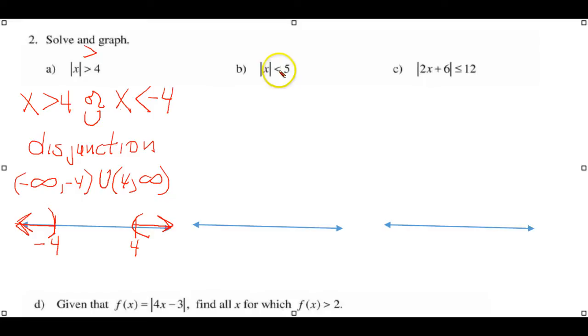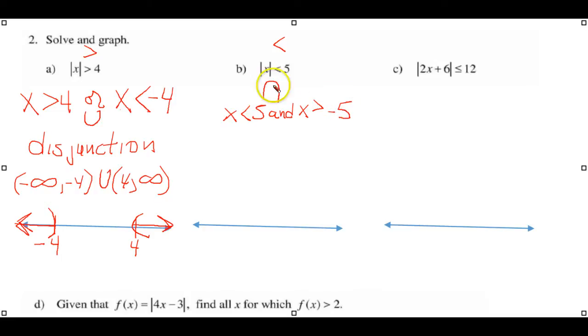Now notice our inequality sign here is less than. Anytime you have an absolute value that's less than, this is actually an and, that's an intersection. So let's do this one. So x is less than 5, and x is greater than a negative 5.